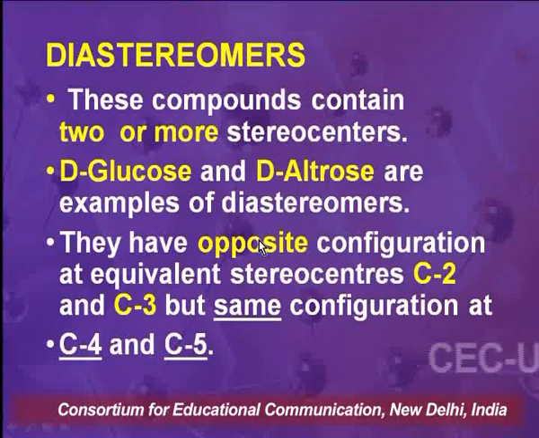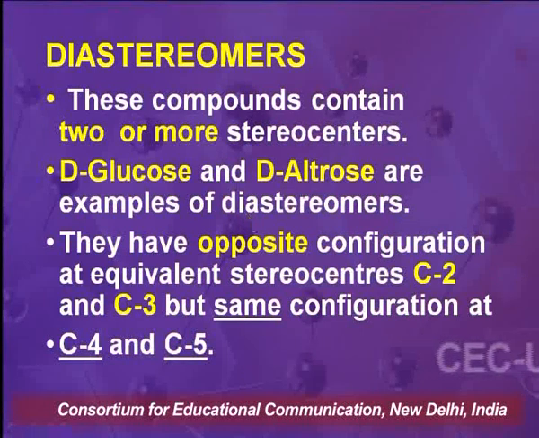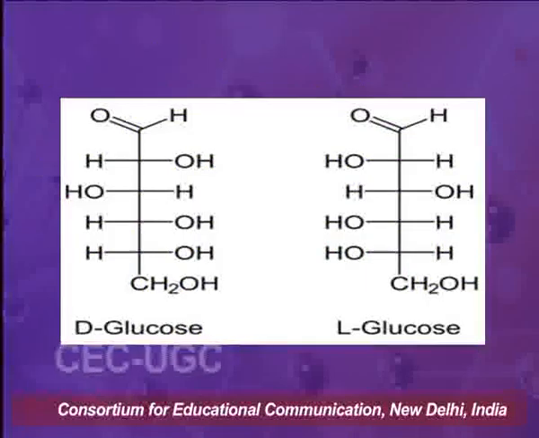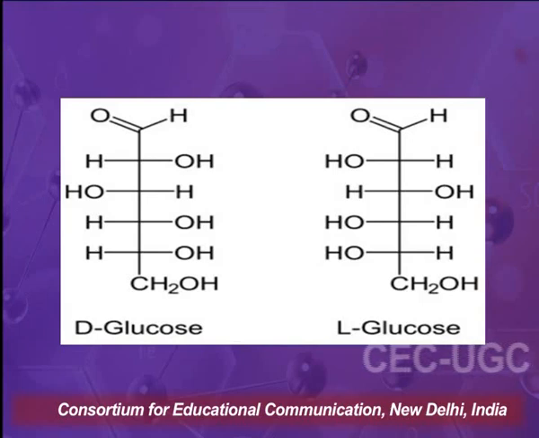So they are enantiomers. Now the question arises: this glucose molecule has molecular formula C6H12O6, and as I've shown in this slide, it has 4 chiral carbons.